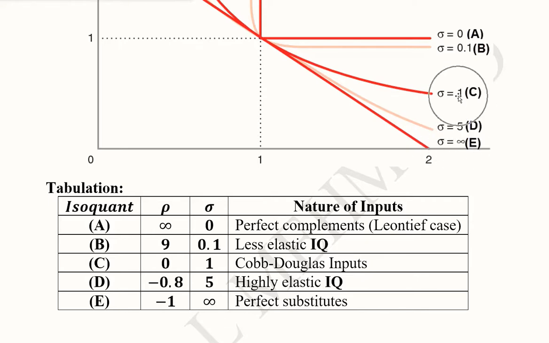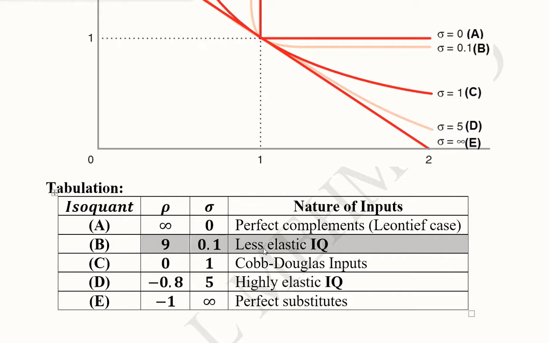So you can refer to this diagram, and these are the two cases that are in between, where the elasticity of substitution is 0.1. So in the background the value of rho is 9. You can calculate the value of rho if you know the value of sigma. It is very simple because of the formula, which is sigma is equal to 1 over 1 plus rho, that is, rho is 1 over sigma minus 1.